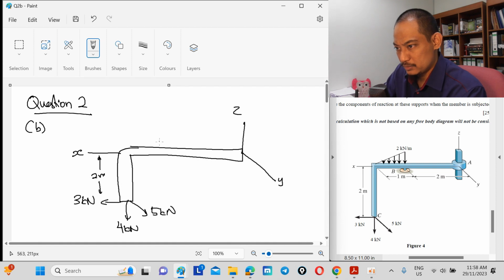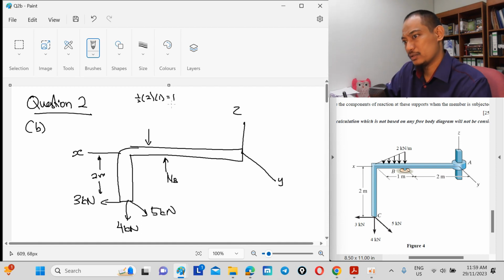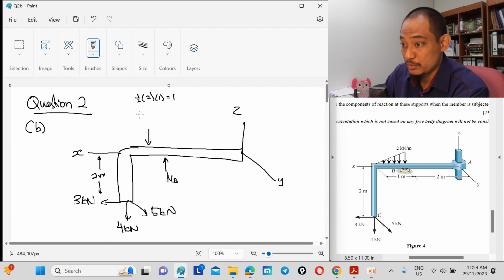Now there's a normal reaction here, so let me use NB, but there's a force here. Half times 2 kilonewton per meter times 1, so that becomes 1 kilonewton.